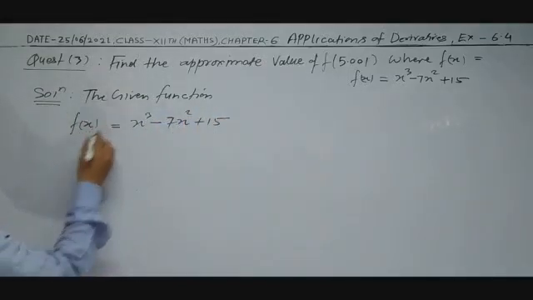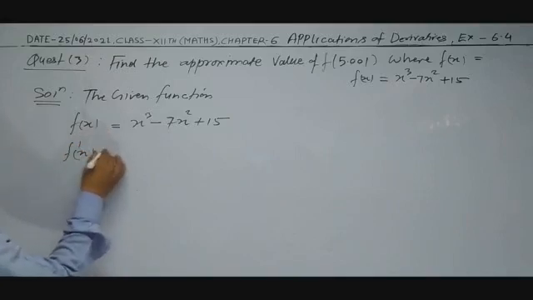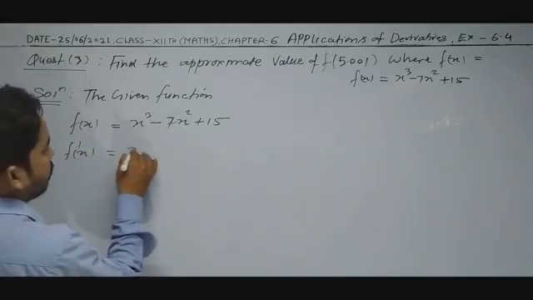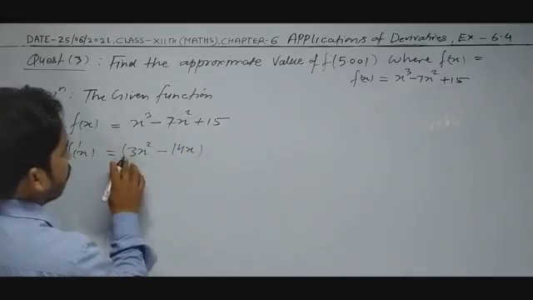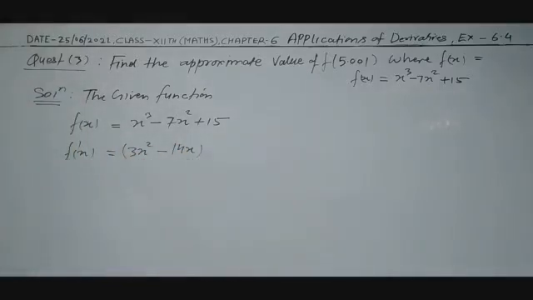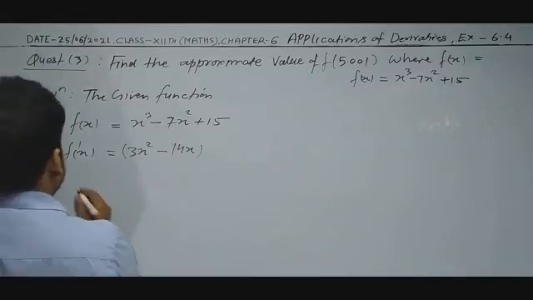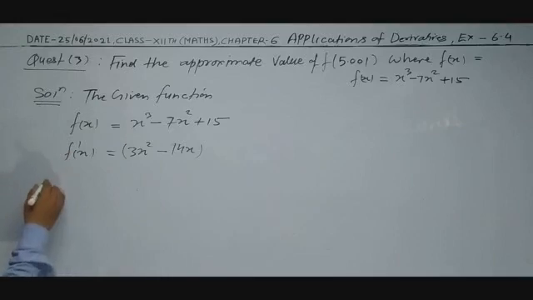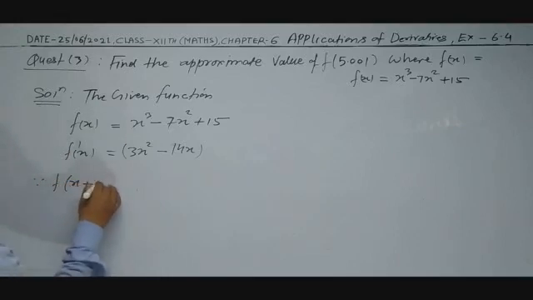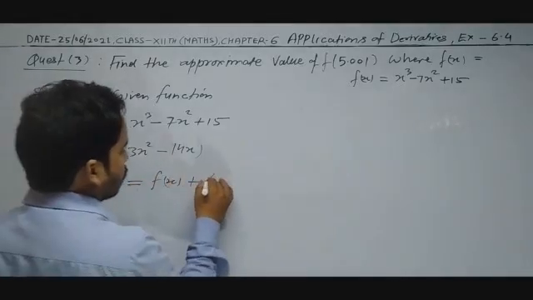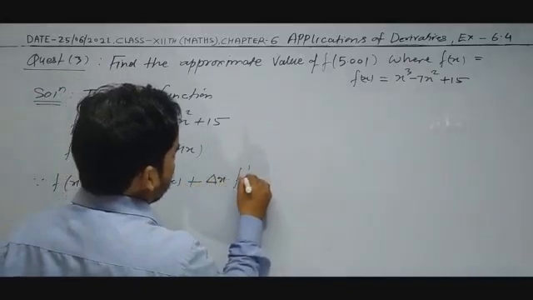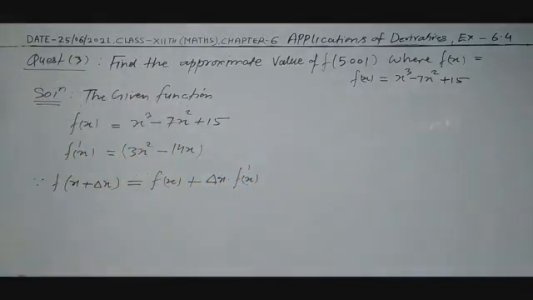Then in the second step you have to differentiate the function. So differentiate, the result will be 3x square minus 14x. This is the differentiation. And now you have to write the formula. Since f of x plus del x can be written as f of x plus del x times f dash x, this is the formula.